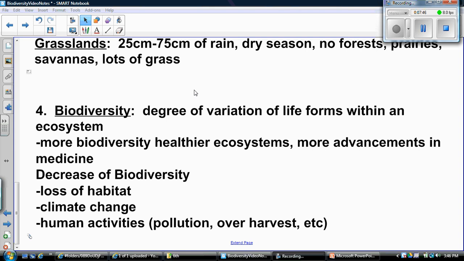Climate change. In the beginning of the year, we talked about how plates move over time. Again, remember this takes millions of years to happen. But when plates do move, over millions of years, there can be a climate change. Climate change can also happen from human activities.